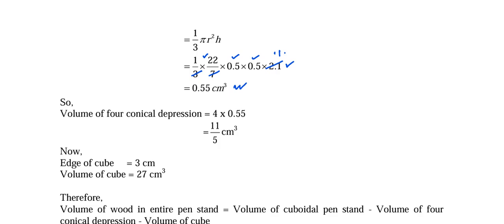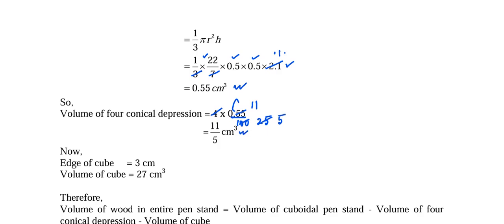So volume of the 4 conical depressions, this one is multiplied by 4, then we get 11 by 5 cube centimeter.